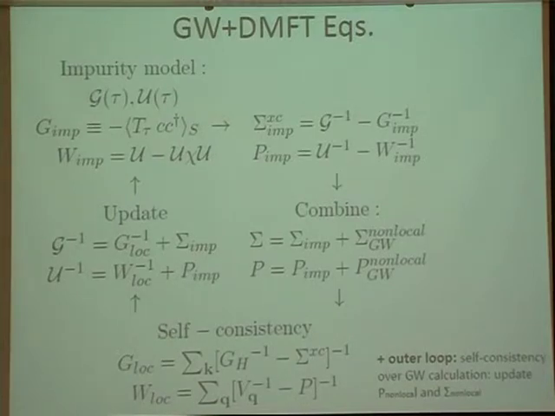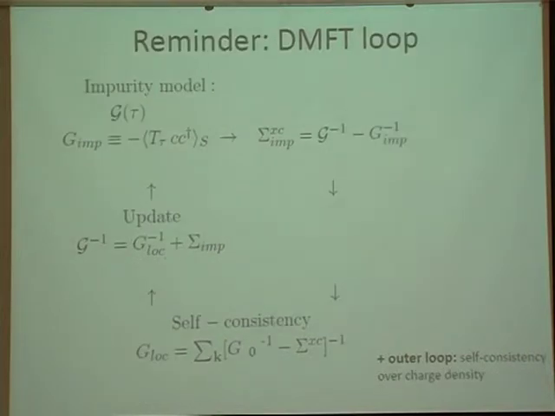But actually the nice thing is you know half of this cycle already because you had studied DMFT before. If you compare, the first line in each box of what I've shown you before is precisely the DMFT loop. Solve the impurity model just defined by this, get the self-energy, plug the self-energy into the self-consistency equation, and with that local Green's function, you improve your Weiss field and you iterate, right?